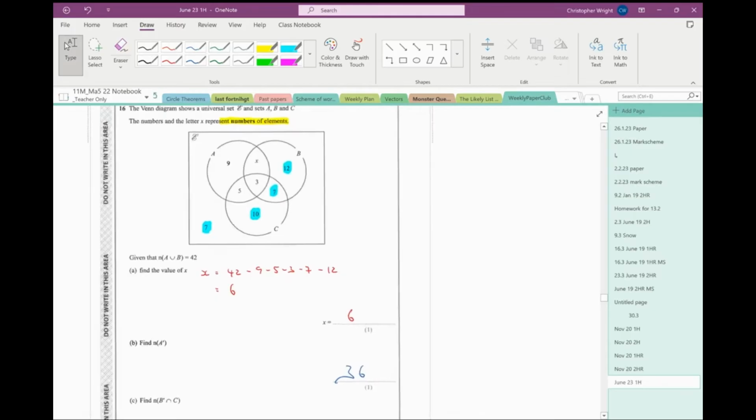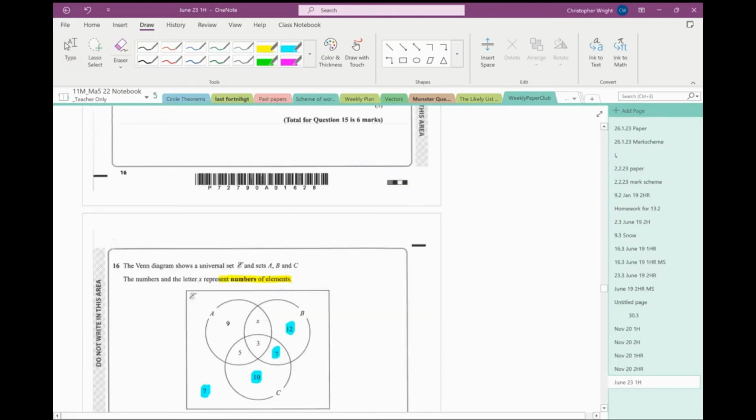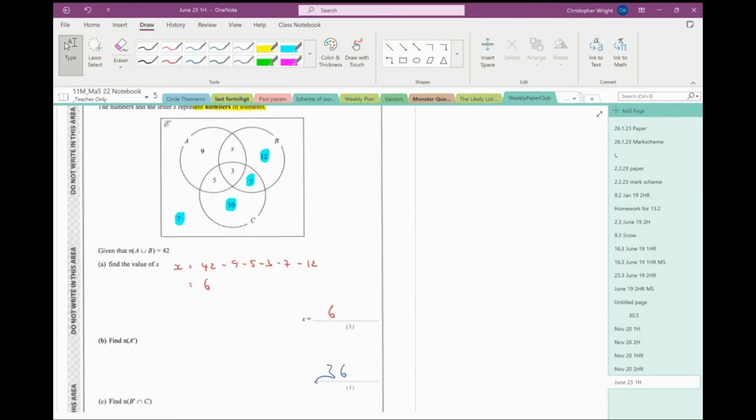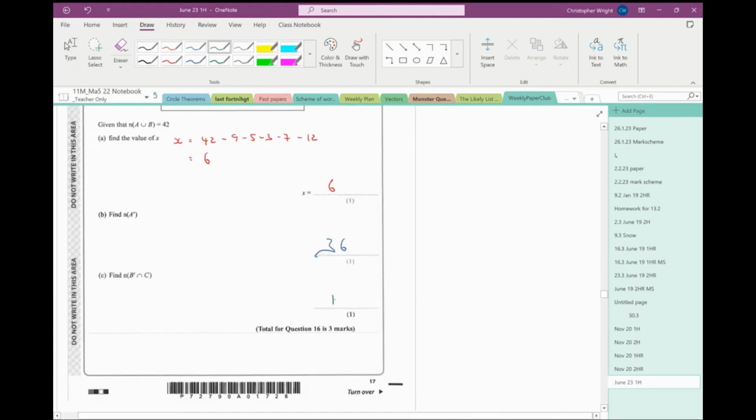Find the number which are not in B and also in C. Not in B and in C. These 15 elements are in C, and they're also not in B. So the answer is 15.